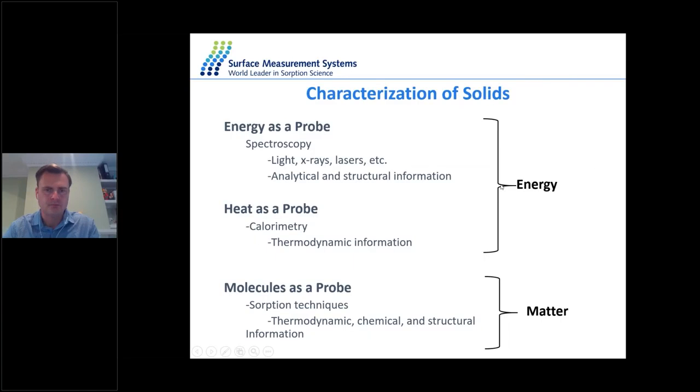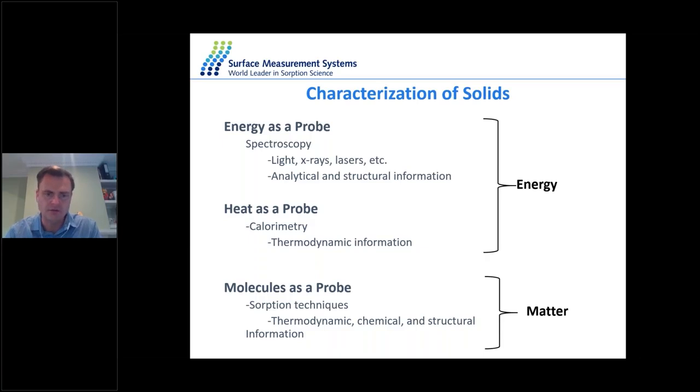There are several characterization methods to characterize metal organic frameworks. As John mentioned, in the past I used energy, in particular X-rays. I did lots of X-ray absorption spectroscopy and X-ray diffraction to look at the structure of the materials. We can also use heat, in particular calorimetry or TGAs, to look at the materials' behavior.